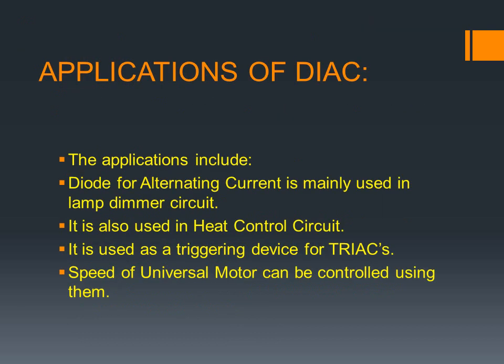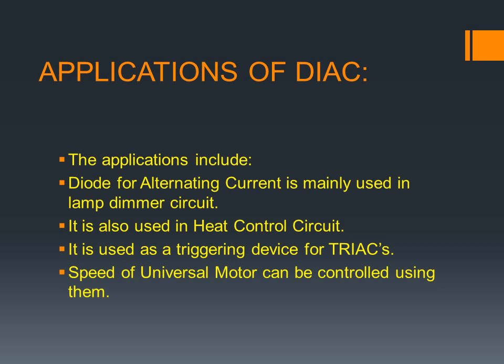Then the applications of diac. The diac or diode for alternating current is mainly used in lamp dimmer circuit. It is also used in heat control circuit. Then it is used as a triggering device for triac.